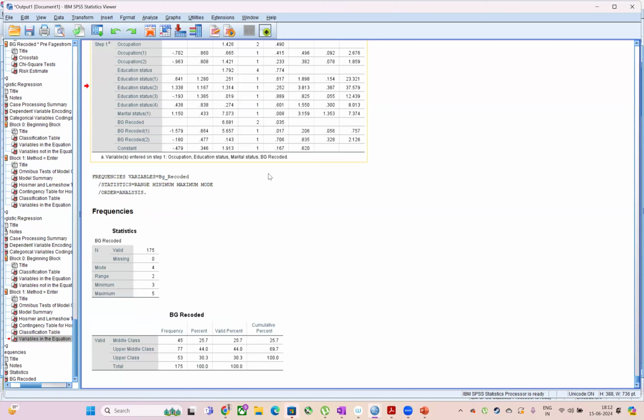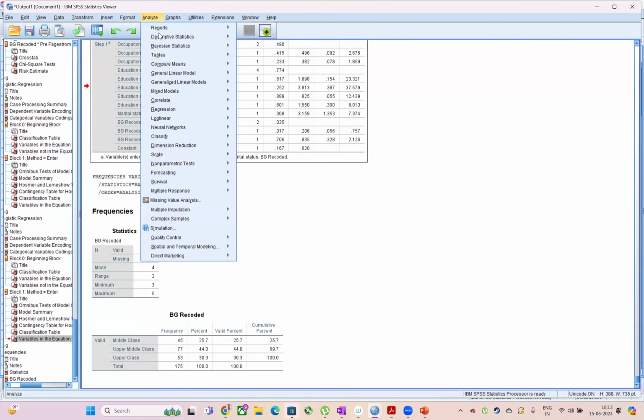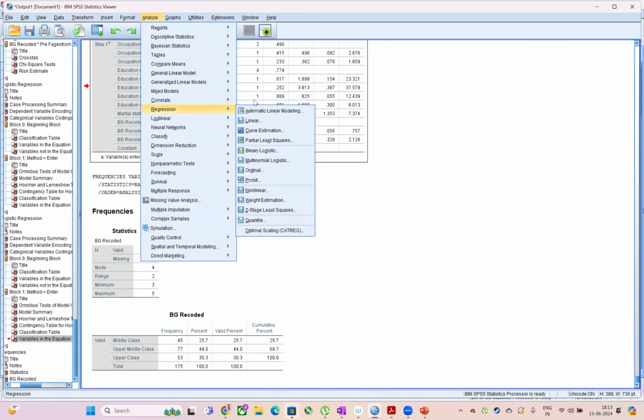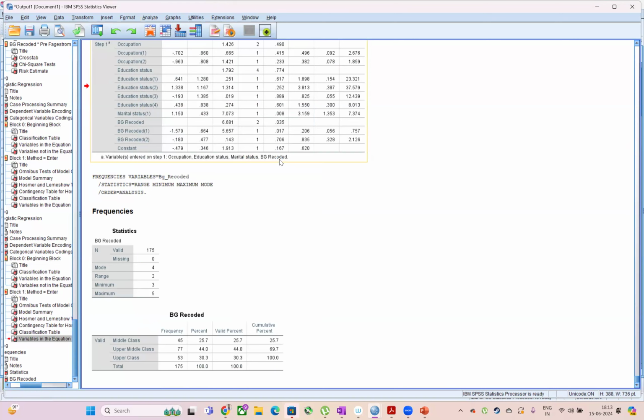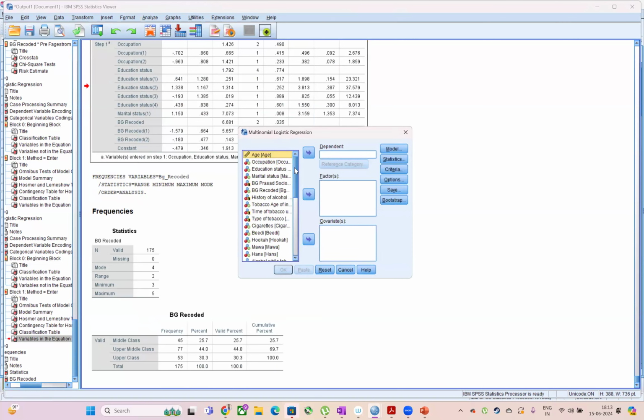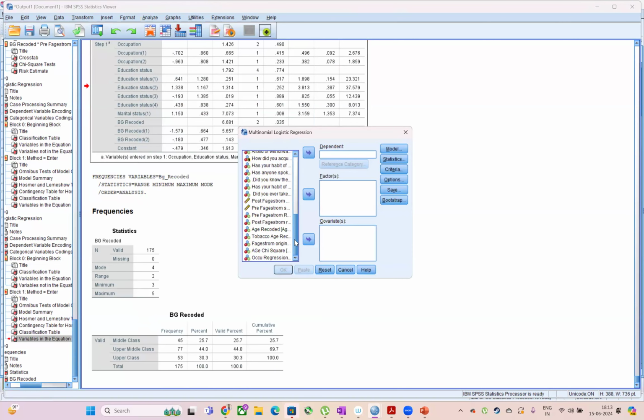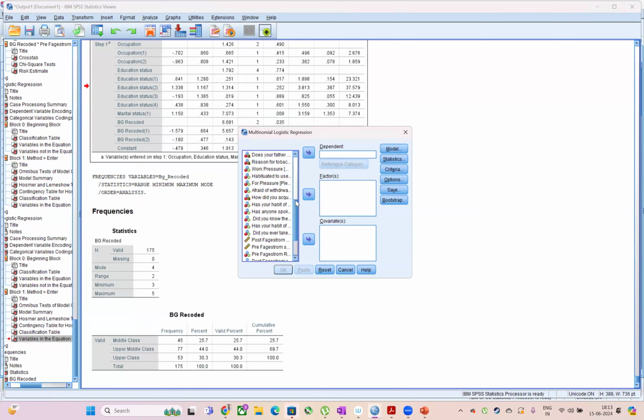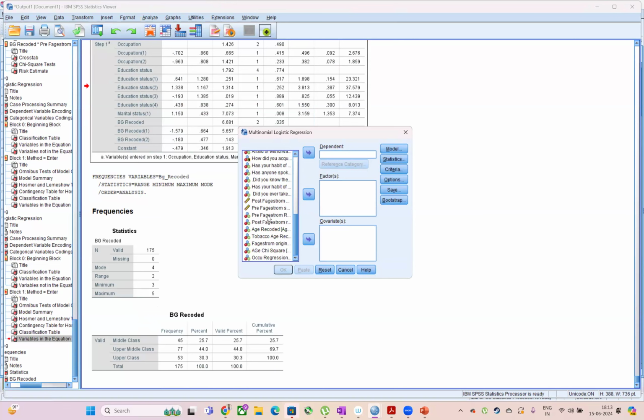Yes, sir. Okay, now we will move on to the multinomial logistic regression. In multinomial logistic regression, what I am going to do is this Fagerstrom. No, not this one.